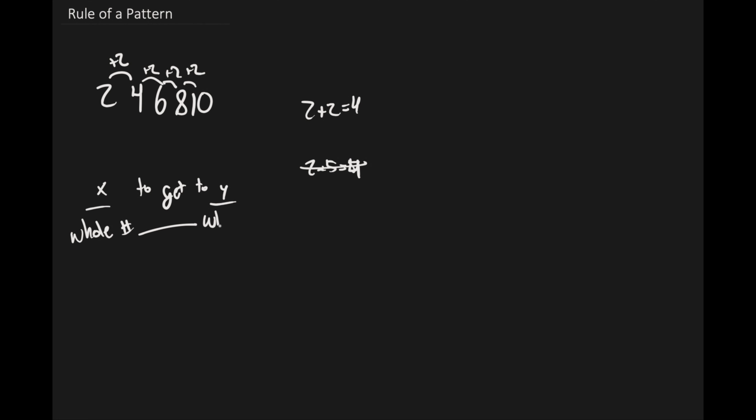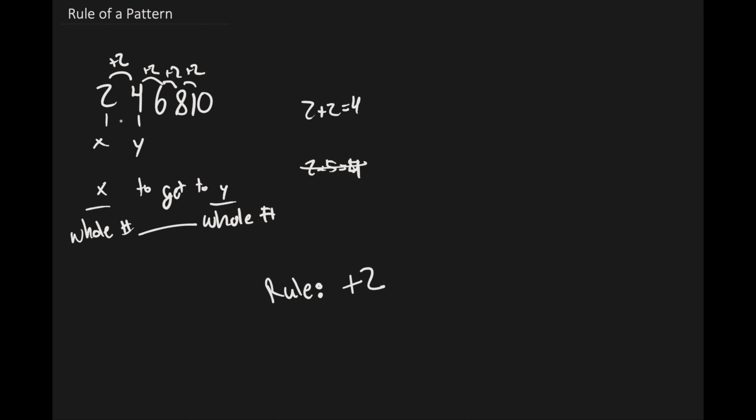So from 2 to get to 4, let's imagine 2 is x and 4 is y. So it takes 2 for x to get to y. That means the rule of this pattern would be plus 2. This is the rule. Now say we have to double check.